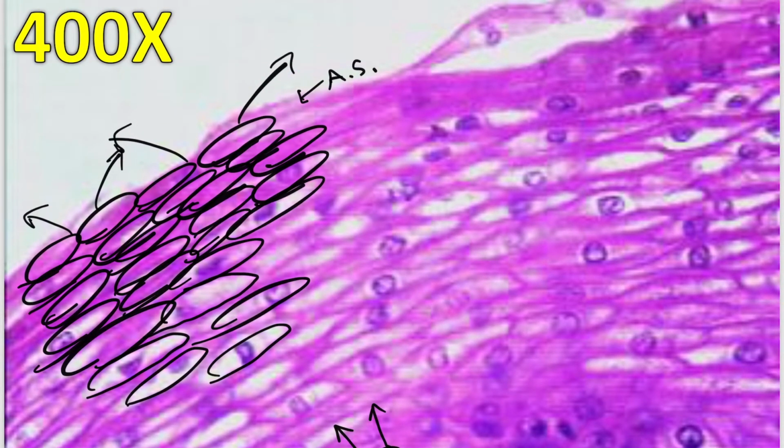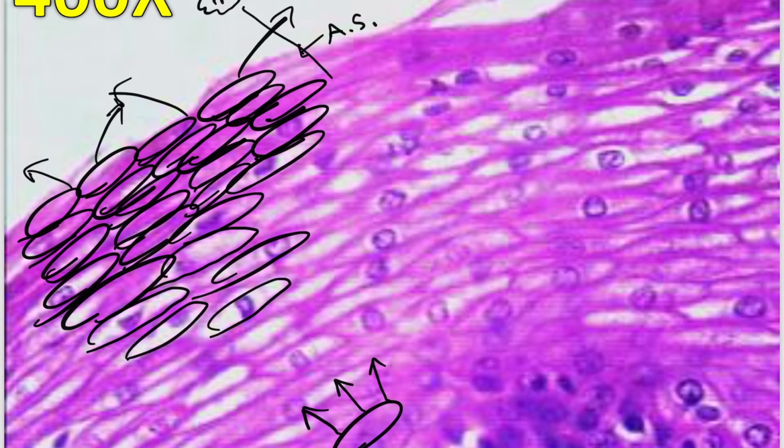If you're an HIV virus, you have to pass through all these layers of cells in order to find a capillary, in order to get into the bloodstream.